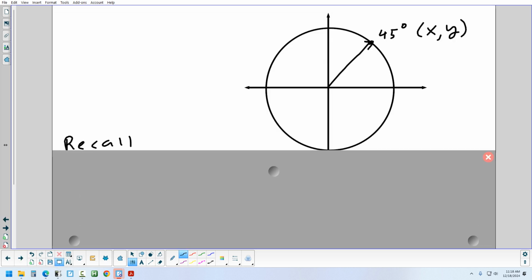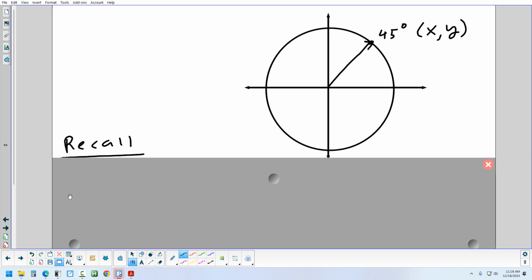Okay, so here is how you would draw a 45-degree angle. We have to figure out, starting at the origin, how far to the right do you go? So we've got to figure out how far right, and then we have to figure out how far up.